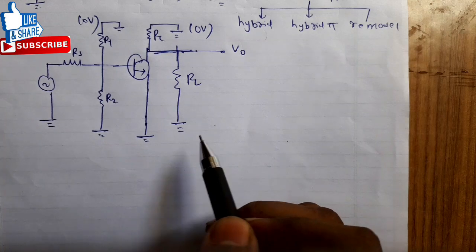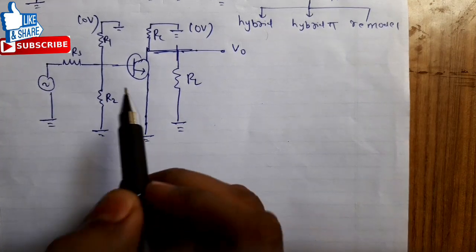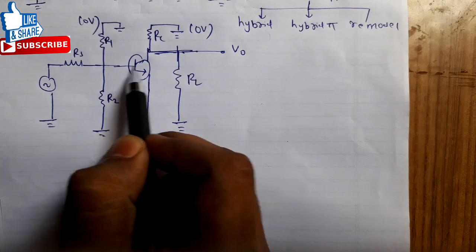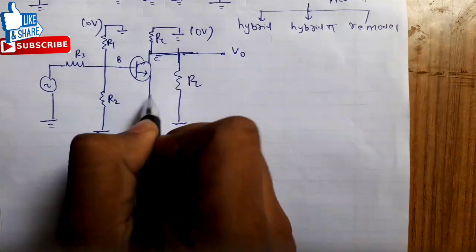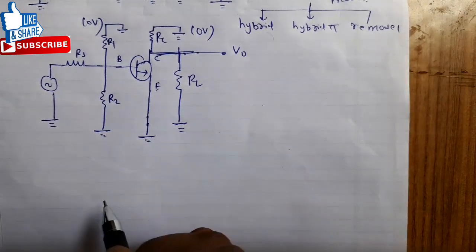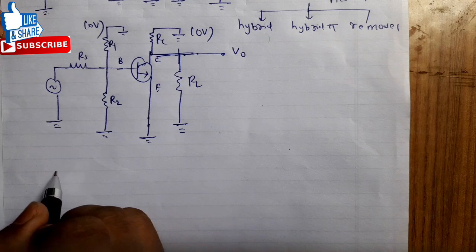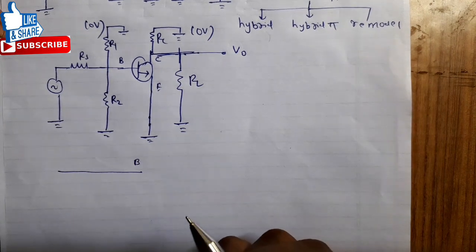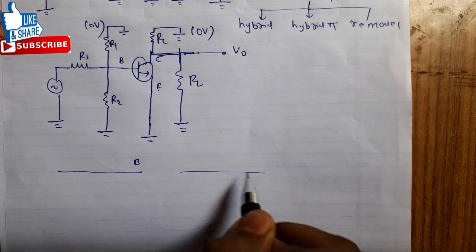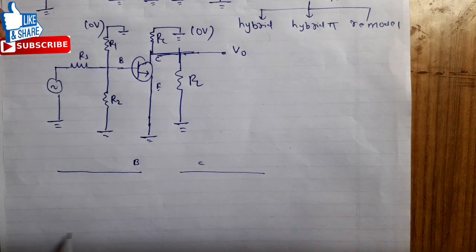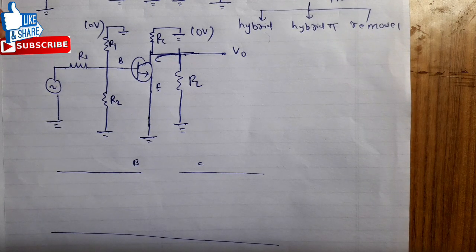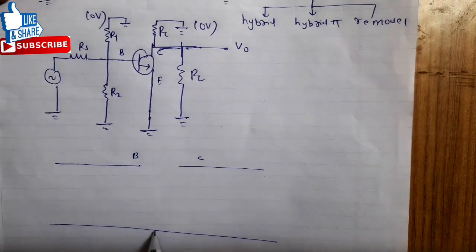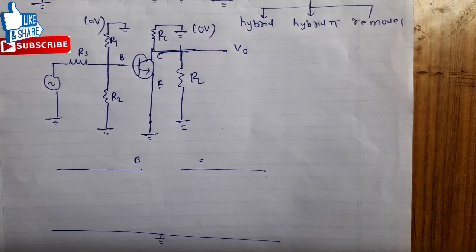If you don't know the equivalent model, just remember how many terminals the BJT has. There are basically three terminals: base, collector and emitter. So just draw three lines, one for base, one for collector, and the third one is emitter, and it is grounded.